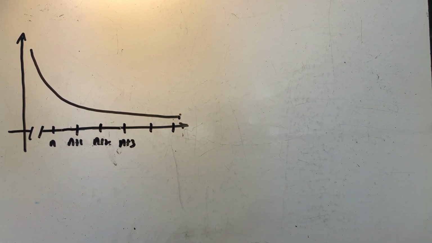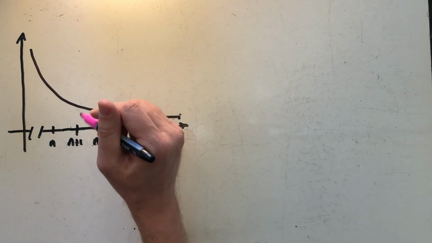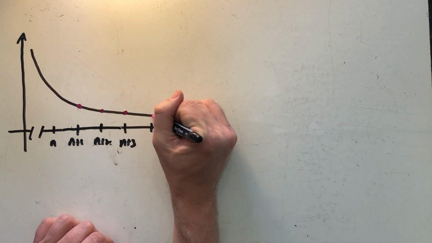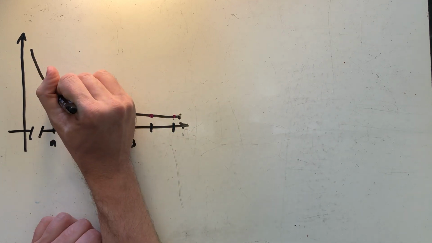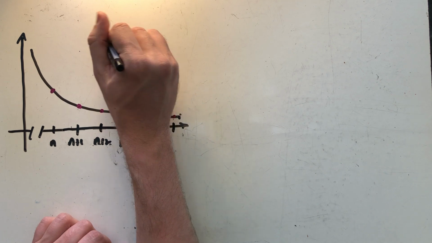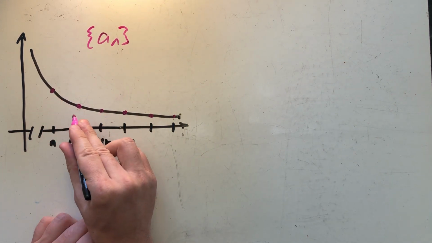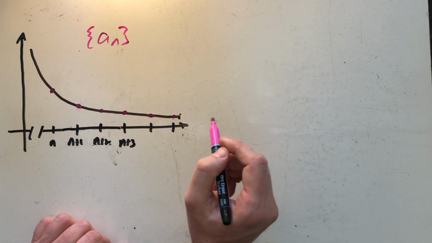All right, so I want to think about those remainder terms. And so what I'm going to do is think about each one as being a little rectangle. So my sequence is giving me these dots. If I think about that nth term formula, just the sequence of numbers this series is built from, a sub n and a sub n plus 1, going out like that.